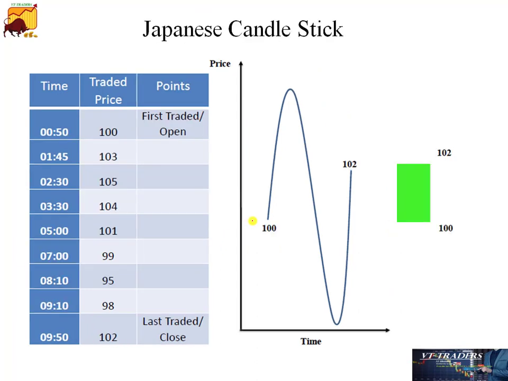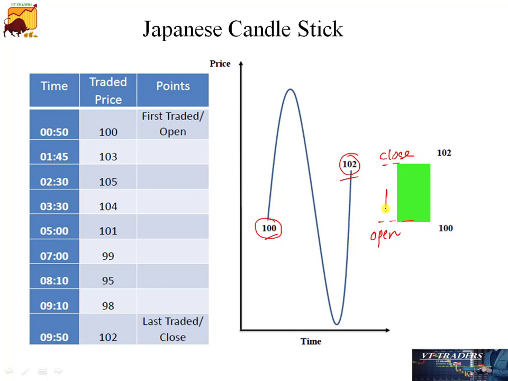In the Japanese candlestick, the open price, or first price, is 100, and the close price, or last traded price, is 102. So 102 is greater than 100. This is the open price and this is the close price.